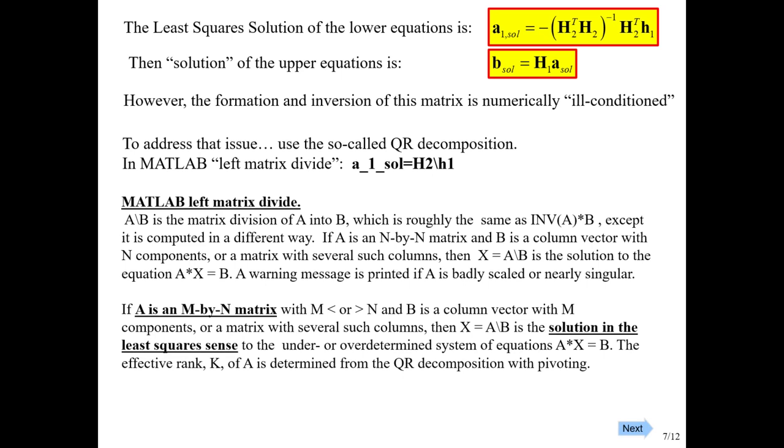Just some notes on this left matrix divide. This is right out of the help command of MATLAB. You can read through that. I'm going to jump down to here where A is an m by n matrix, because that's the case that we have. And then it says here that A left divided by B gives the solution in the least squares sense from the QR decomposition with pivoting.